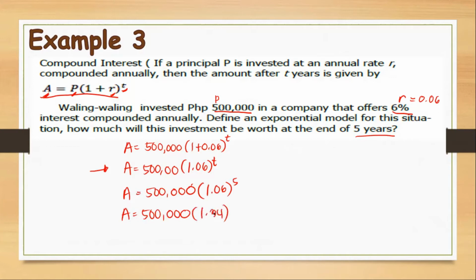I just limit the decimal place to 2, so I just round it off. 500,000 times 1.34 is equal to 670,000. So after 5 years, your 500,000 will be 670,000 if it has an interest that is compounded annually at 6%.